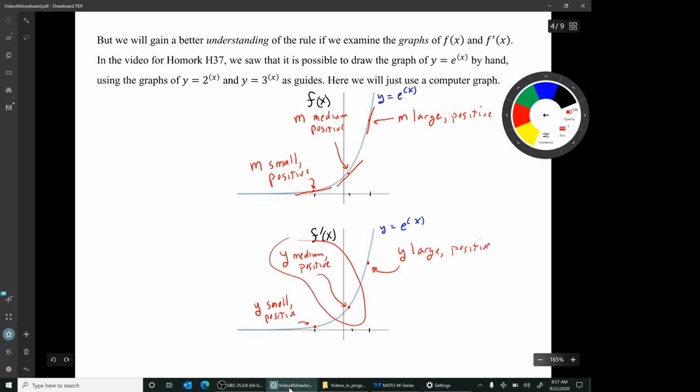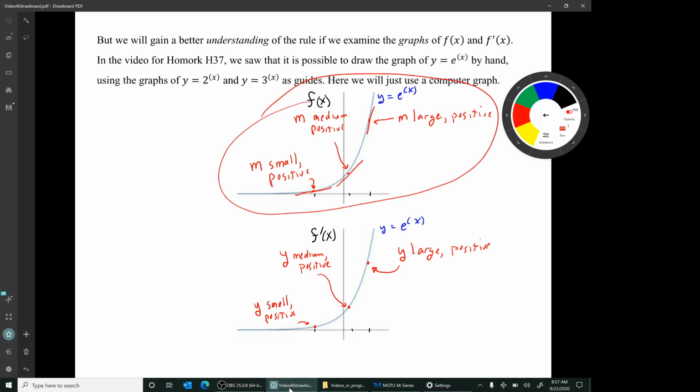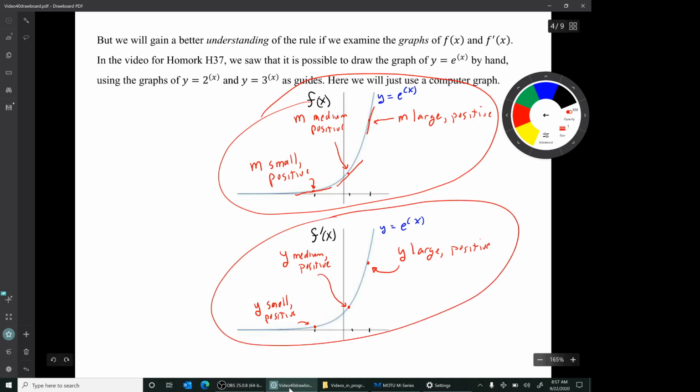The y coordinate of this point could be considered a medium-sized positive number. And the y coordinate of this point could be considered a large positive number because that point is way above the x-axis. So look, the numbers that are the slopes on the graph of f at particular x values agree with the numbers that are the y values on the graph of f prime.